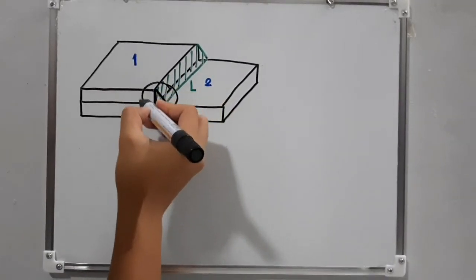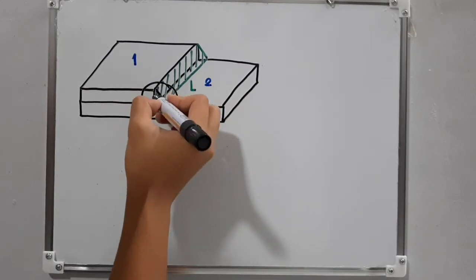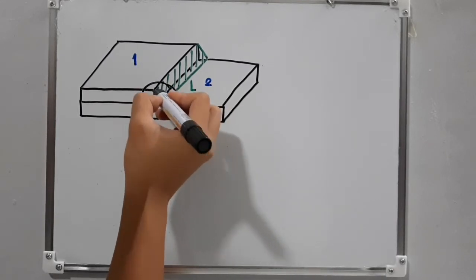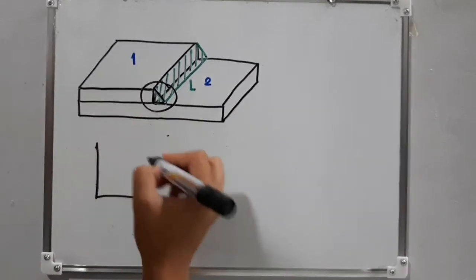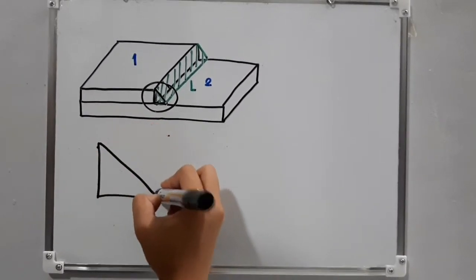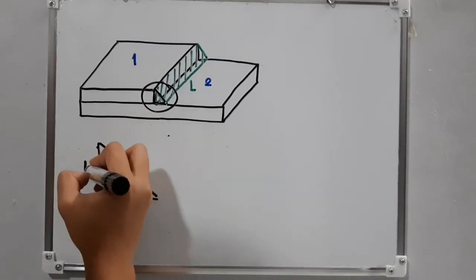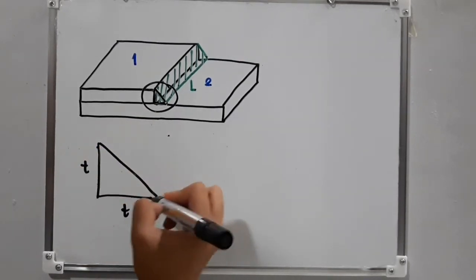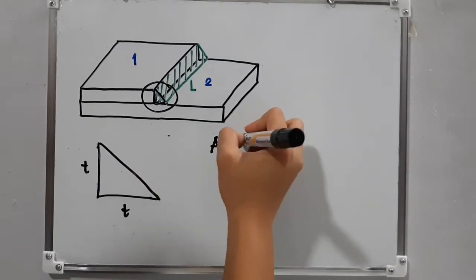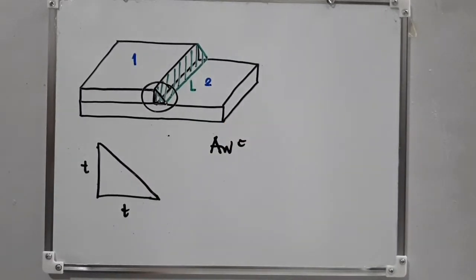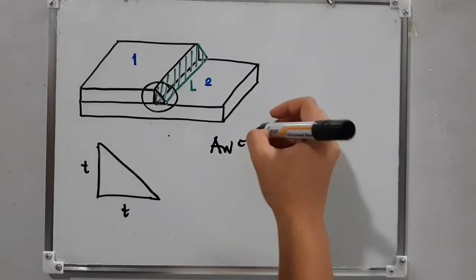i-take natin tong triangle na to, as this. So, this is the thickness of your weld. Para makuha natin yung area of weld, sabi natin, that is the product of the effective length times the effective throat thickness.